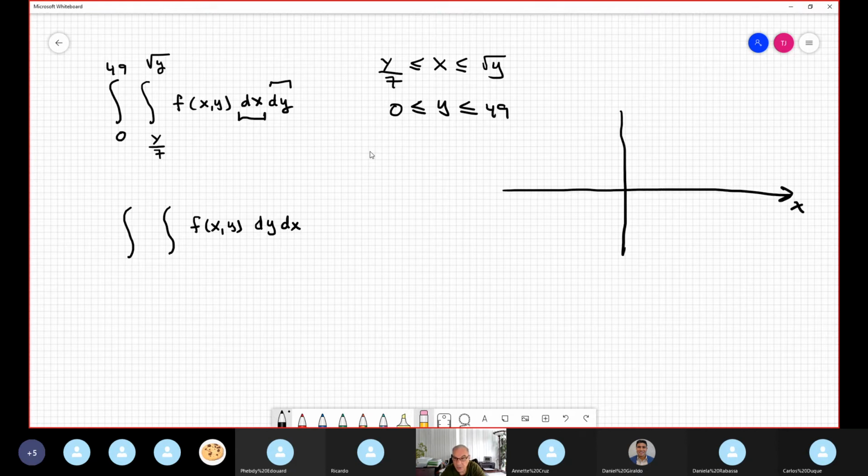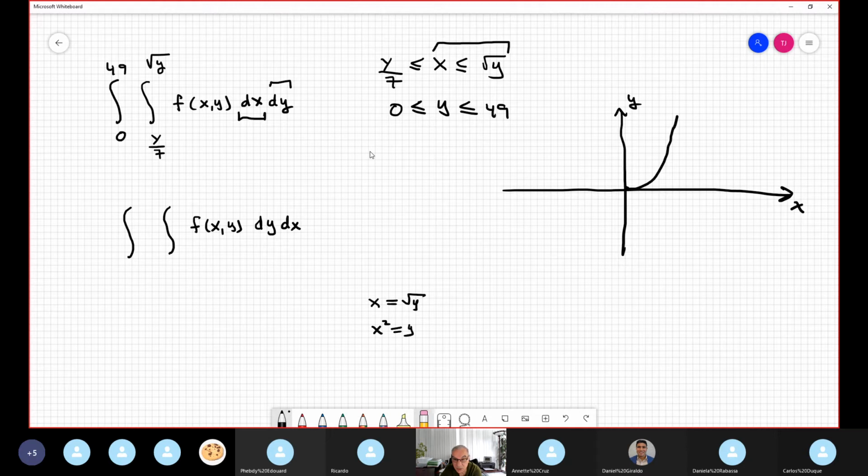X, Y. Okay, good. You take equation by equation. For example, you take this equation. You temporarily convert it to an equation. Okay, x equals radical y, square root, raised to the second power both sides, x squared equals y. That's a parabola. It's easy, that parabola.